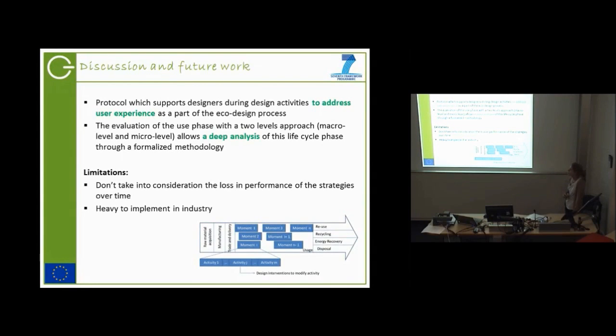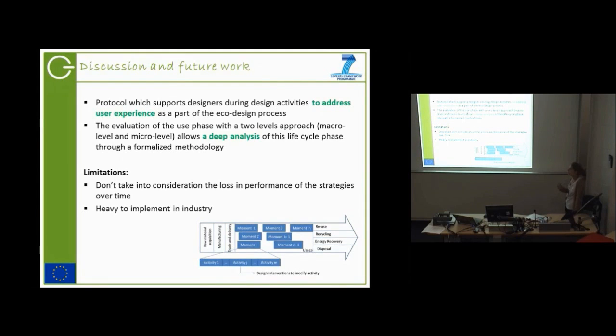However, we observe some limitations, because in our experimentation we didn't take into consideration the loss in performance of the strategies over time, because we only tested the strategies one time in a lab with the users. But if, for example, a written information is implemented on a product, after 1 year of using the machine and seeing the message, maybe the user will not notice the message anymore.